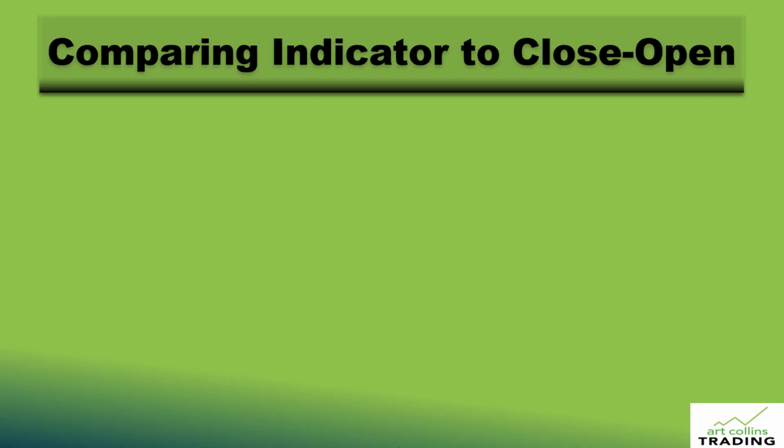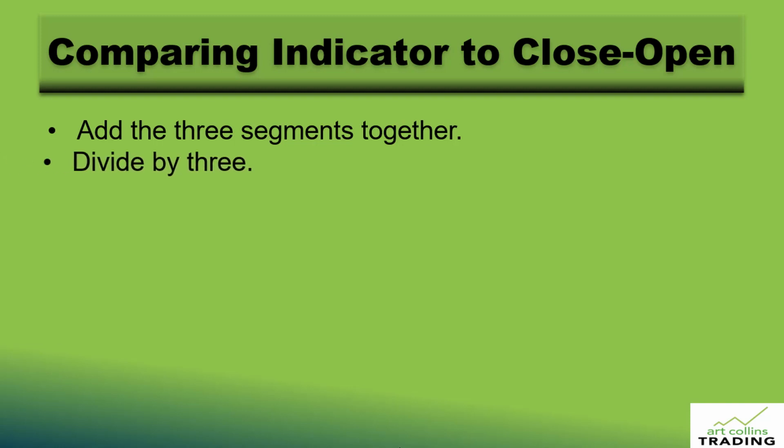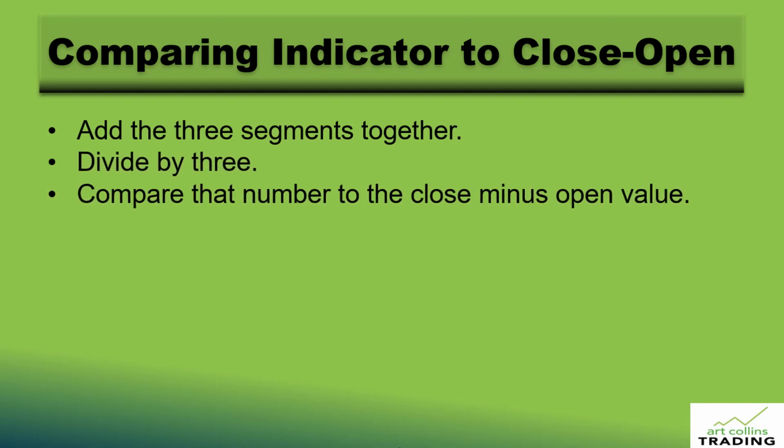Now, today we're going to look at how you can get an idea of whether tomorrow is going to be up or down by comparing the number that we compute to the open to close. So we have to start on our day indicator by adding the three segments that we computed together, dividing by 3, comparing that number to the close minus the open value.